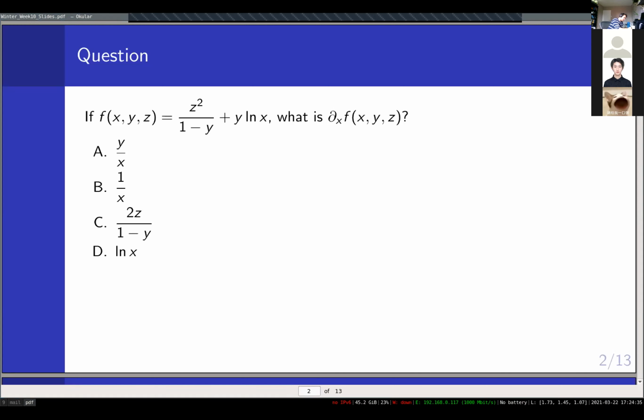Squared over 1 minus y plus y. Okay, all righty, 73%, not bad. We're going to end the poll. Let's share the results. And there we go.